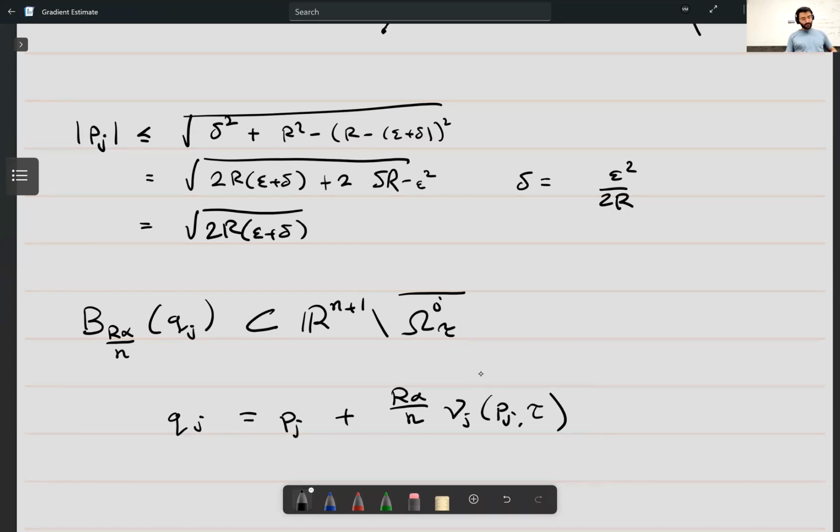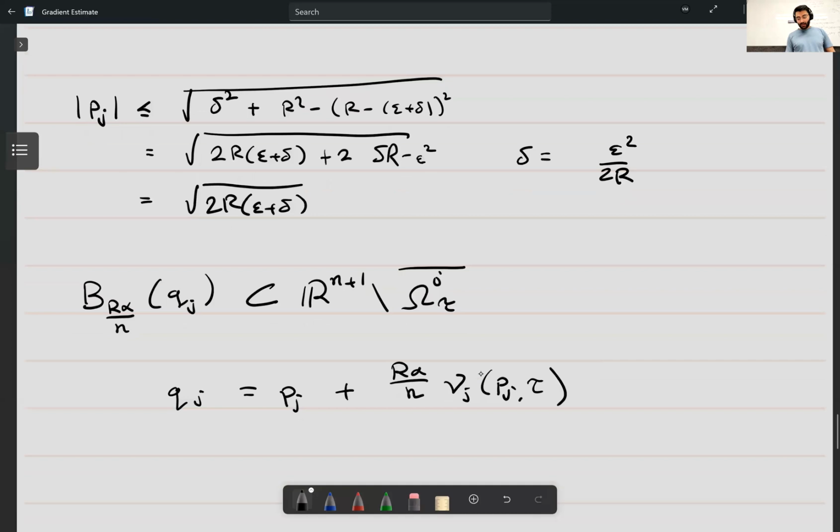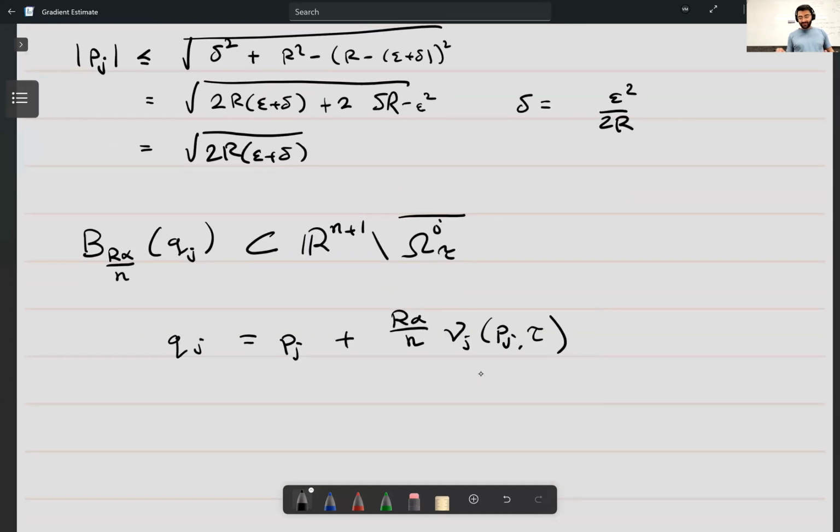This wouldn't be very useful if this nu_j was pointing sideways, because then I'm not getting compact sets in the upper half plane anymore. I'm only getting compact sets of some strange kind of set.